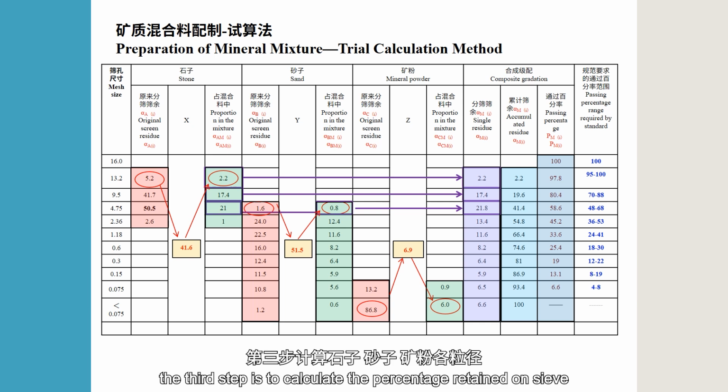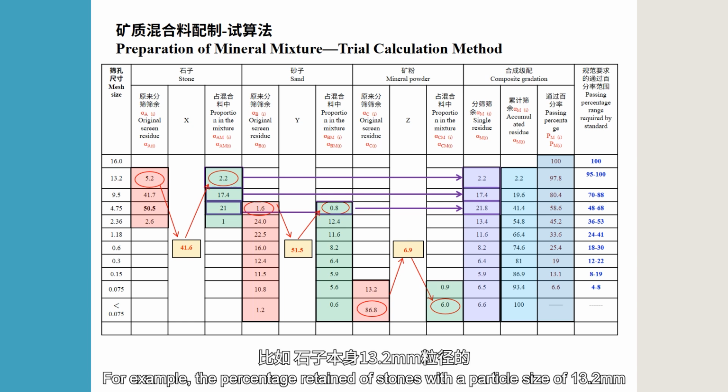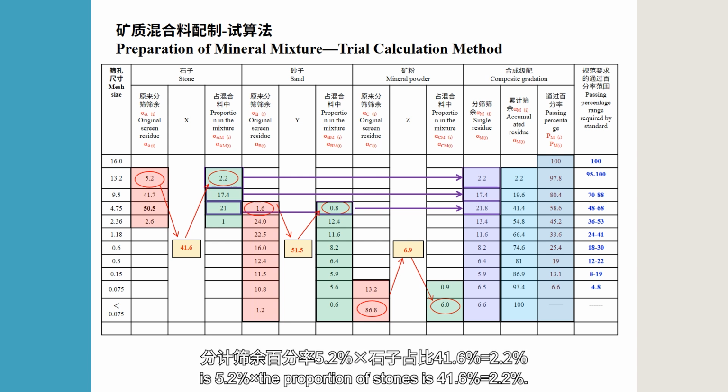The third step is to calculate the percentage retained on sieve of each particle size of the materials in the mixture. For example, the percentage retained of stones with a particle size of 13.2 millimeters is 5.2% times the proportion of stones 41.6% equals 2.2%.